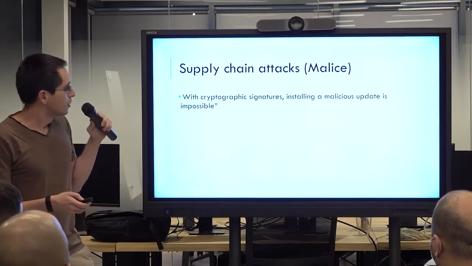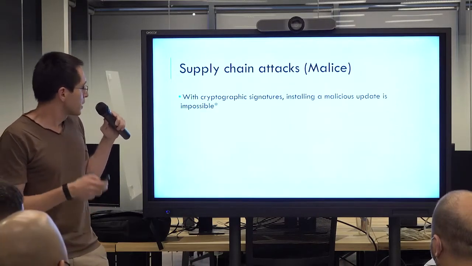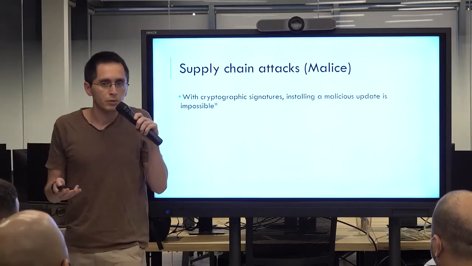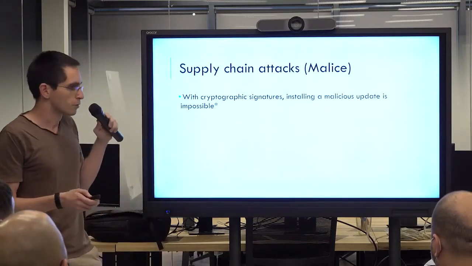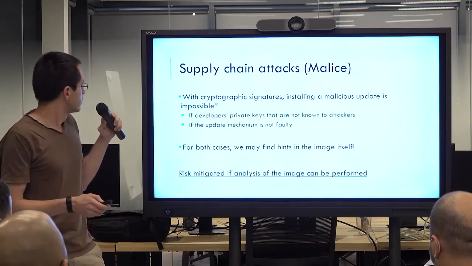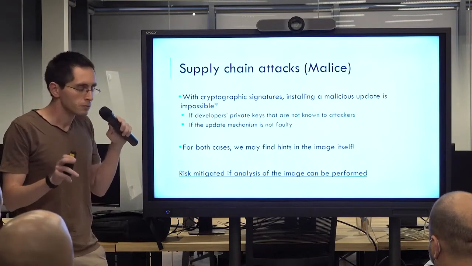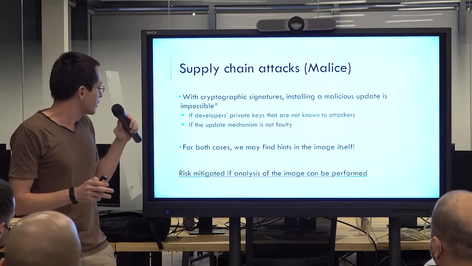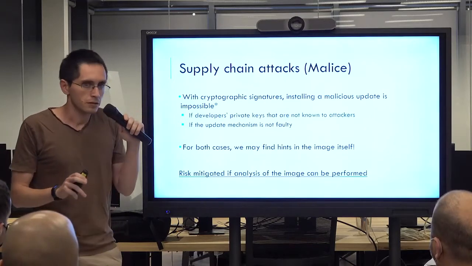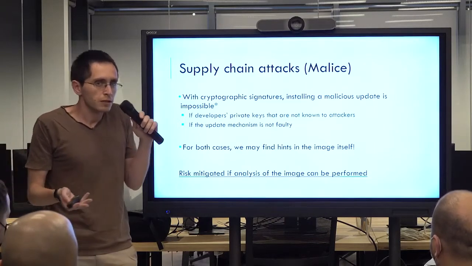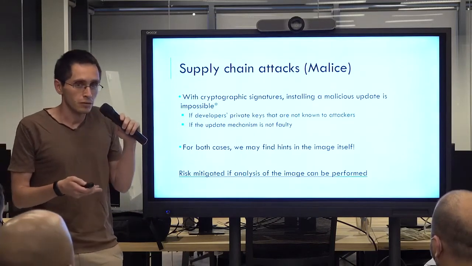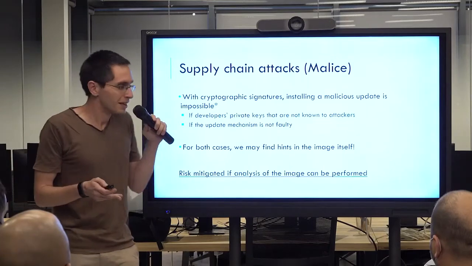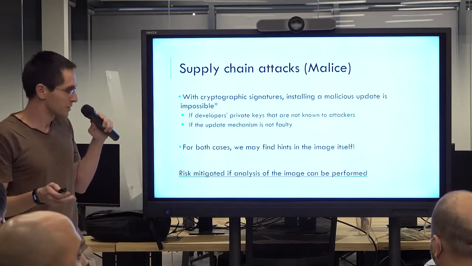Touching on the supply chain attacks. Again, as we said, in principle we have this cryptographic signature. It should prevent someone else from installing a bad file, if, let's think about it, no one knows the private keys. But if someone knows the private keys, now this doesn't work. And the update mechanism might not even work, which is also not always the case, and we'll see that.